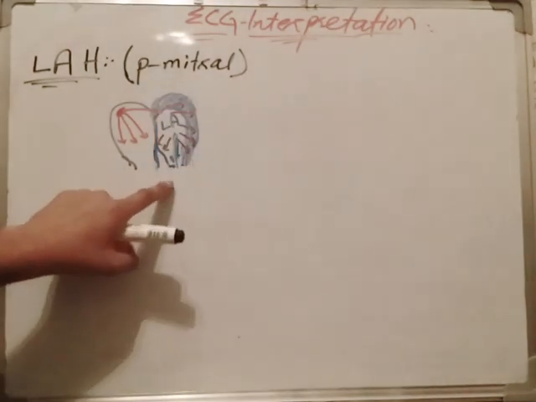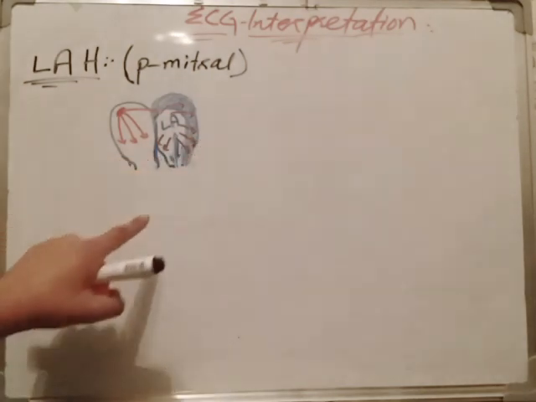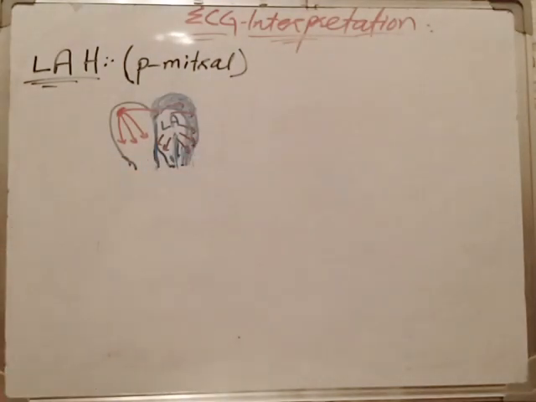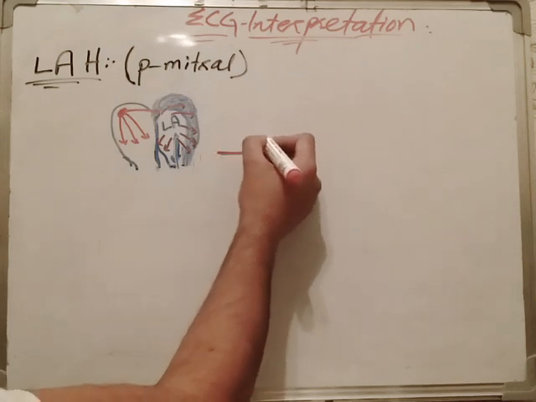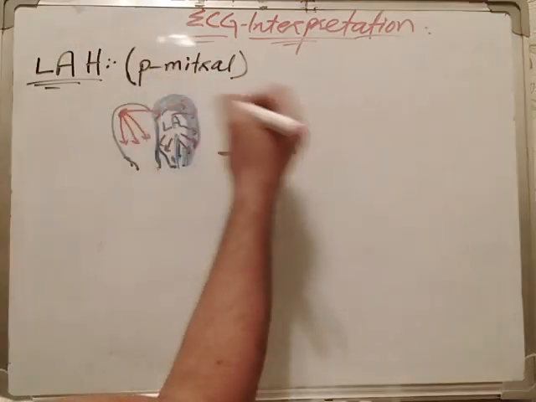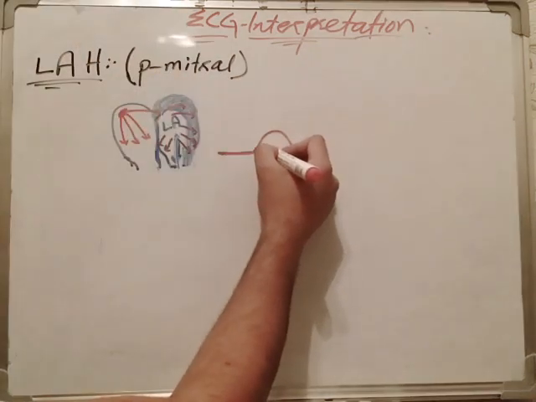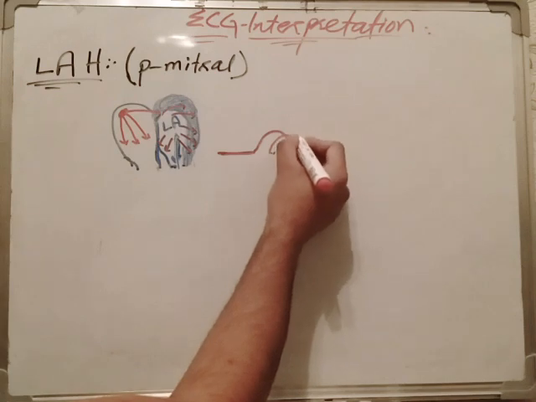That's why it is taking too much time. So in the P wave we can see a delayed P wave. In the graph here, for example, this is the normal right atrium, and this is the normal left atrium.